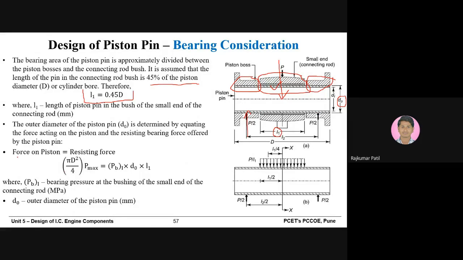It is calculated as pi d square upon 4 into P max equal to PBL into D naught into L1, where PBL is the bearing pressure at the bushing of the small end of the connecting rod, and D naught is the outer diameter of the piston pin. By using this relationship, you can also calculate L or any unknown value.